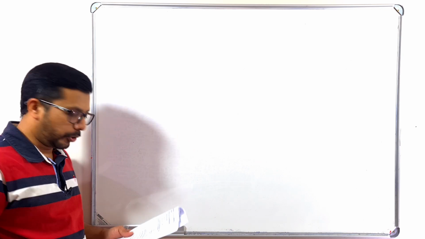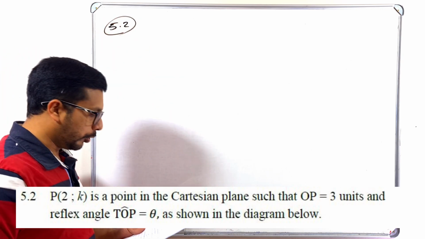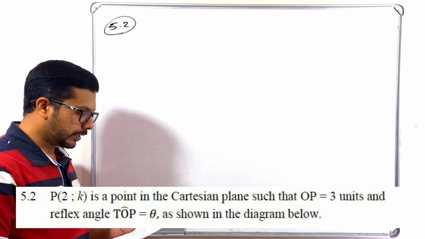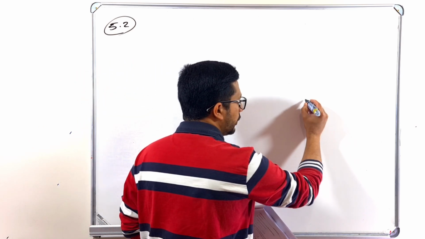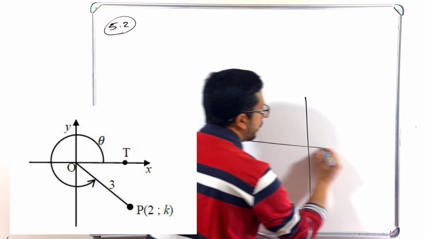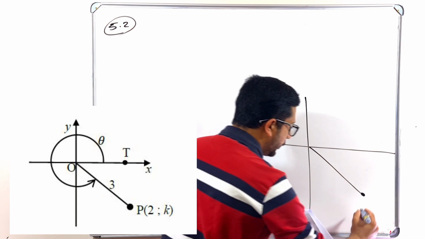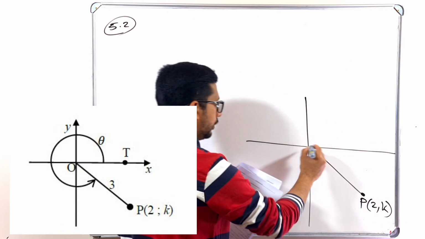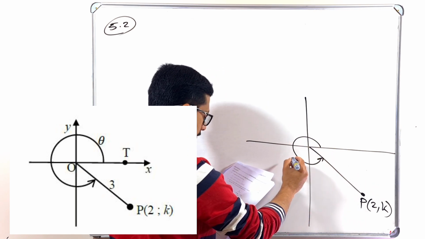Question number 5.2. P(2, k) is a point on the Cartesian plane such that OP is equal to 3 units. So there is a Cartesian plane given like this, and this is P(2, k), and this angle is theta.